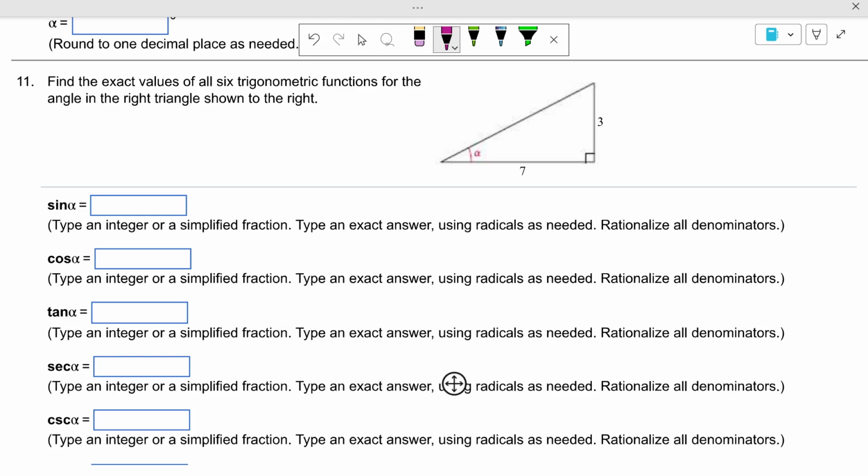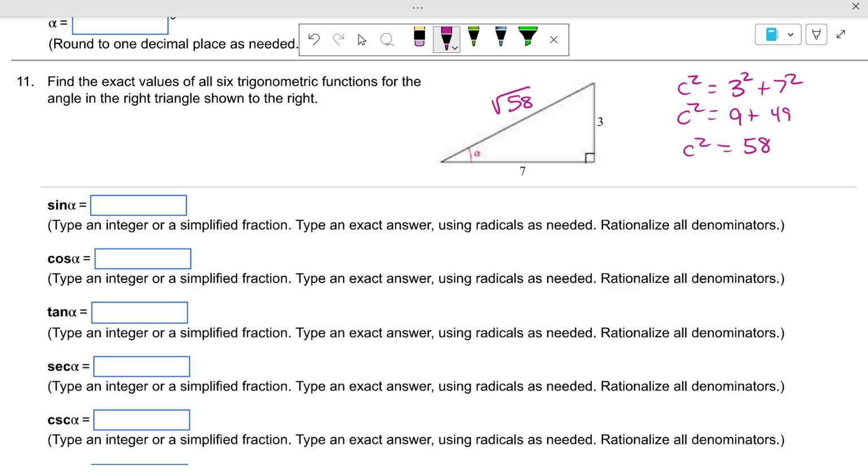How can we figure out the hypotenuse of a right triangle if we know two other sides? Pythagorean theorem. What's c squared going to be when a squared is 3 squared and b squared is 7 squared? 9 plus 49 is 58. So it's the square root of 58.